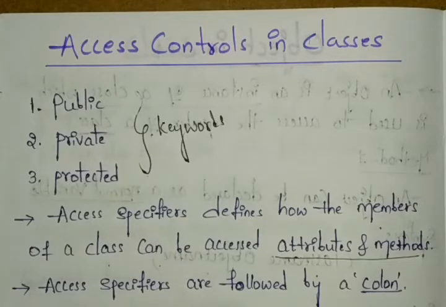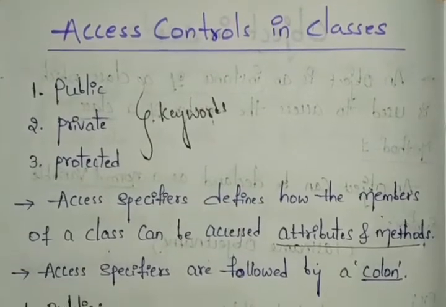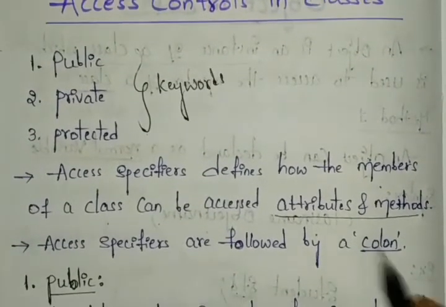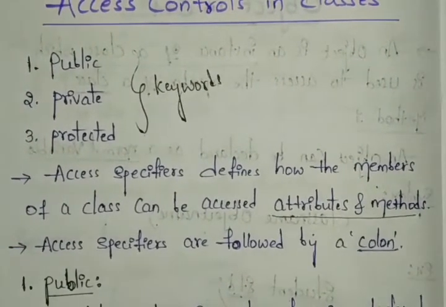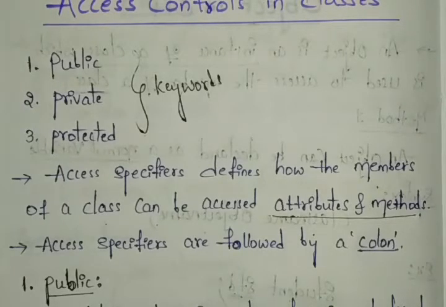When we use access specifiers in our program, they end with a colon. In all other cases, when writing a program, you end the line with a semicolon. But if you're defining the access specifiers, you end with a colon.